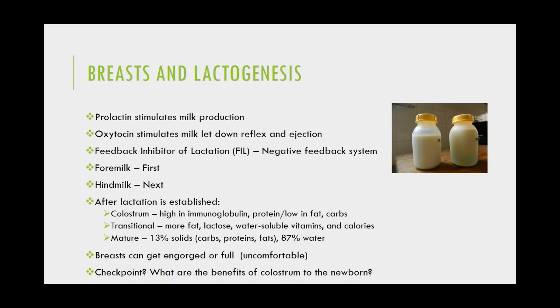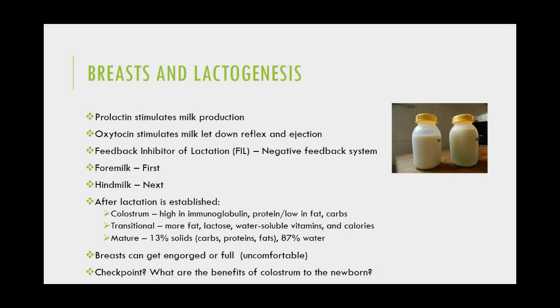However, once mom feeds her baby, and the more often that she feeds her baby via the breast, then her body lets that milk down and lets that milk out, and her body tells the brain, all right, start releasing some prolactin because all my milk is gone and I need some more. So it works through a negative feedback system.